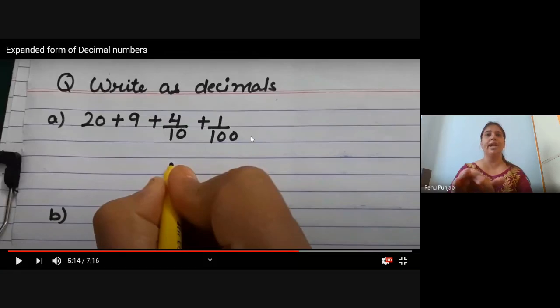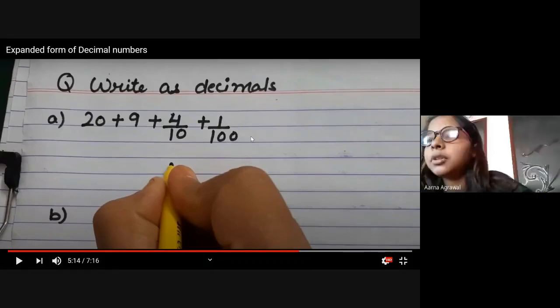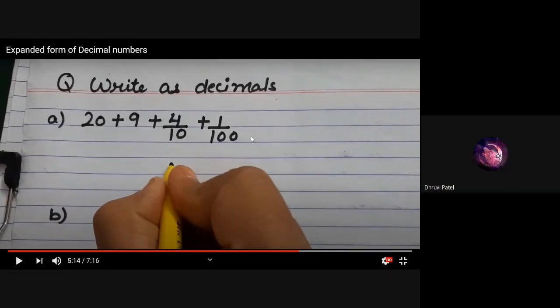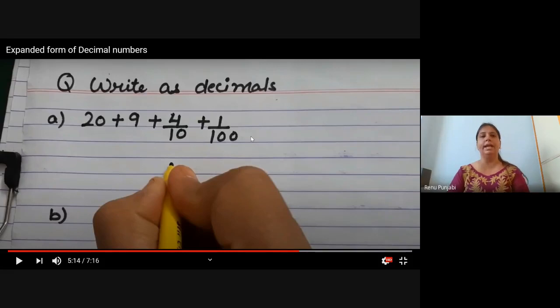This is the expanded form of a fraction given to you. The question can come as write as decimals, write in short form, or write in standard form. There are 3 ways of asking the question. The answer will be the same.